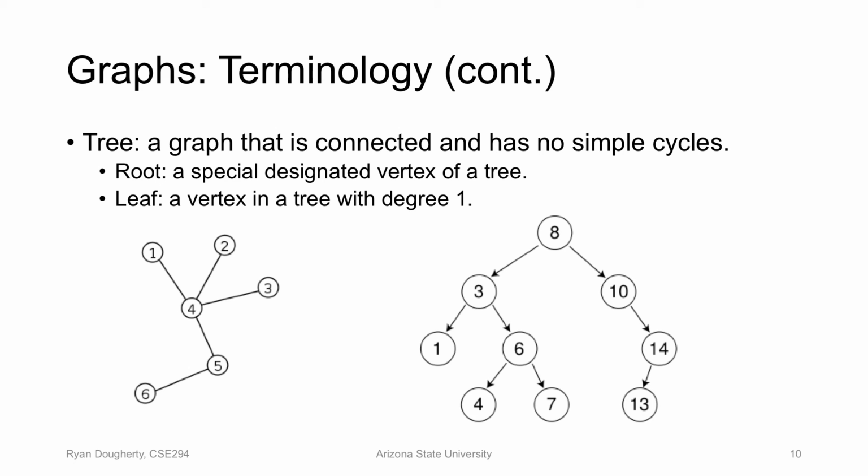So you can think of the root of a directed tree as the only vertex with in degree 0, right? And what about the leaves here? What are their out degrees? 0 also, right? So in a directed tree, the vertices that have out degree 0 are the leaves of the tree.